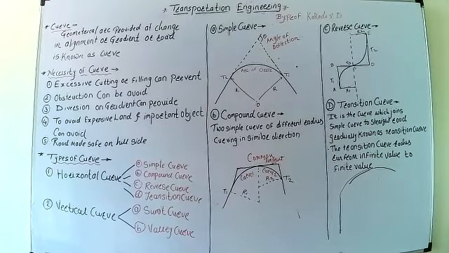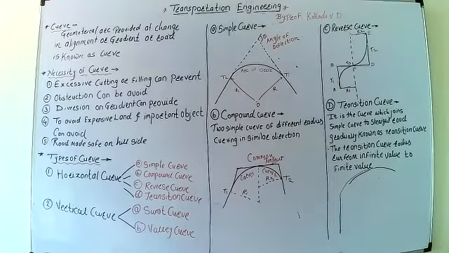Okay. So why do we generally provide a transition curve? To avoid sudden jerk. When a vehicle moves from a straight road and suddenly a curve is there, there might be a sudden jerk to the passenger and vehicle, and in that situation, due to the centrifugal force, the vehicle might be overturned.